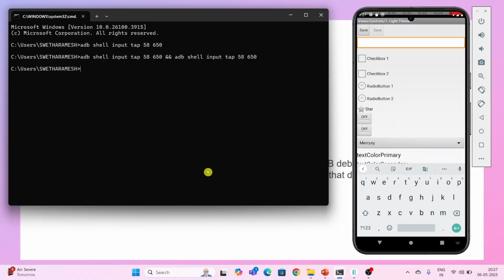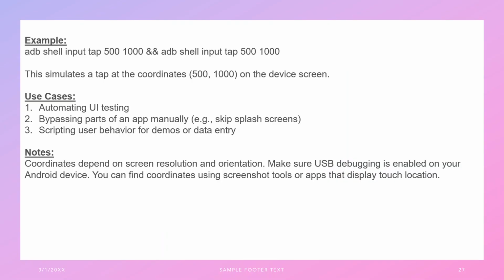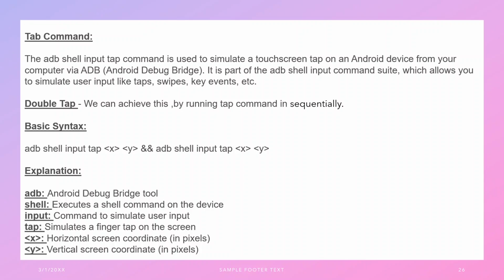As I told, in ADB we do not have a double tap command directly. We have to use the tap command in a tricky way so that we can mimic our double tap, by executing two ADB shell commands sequentially using these ampersand symbols.